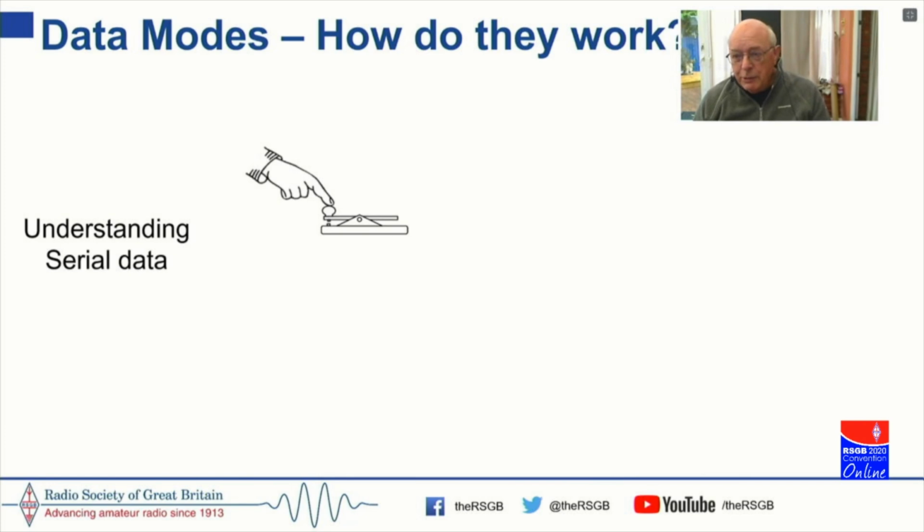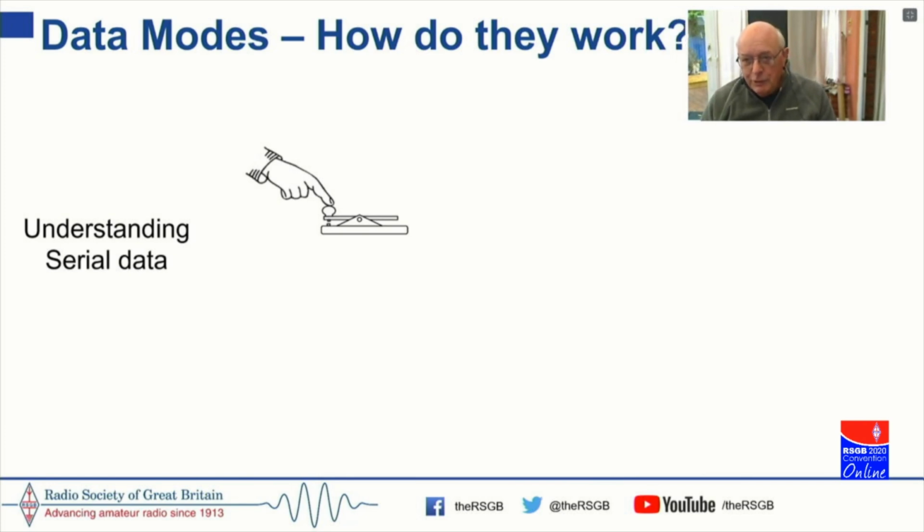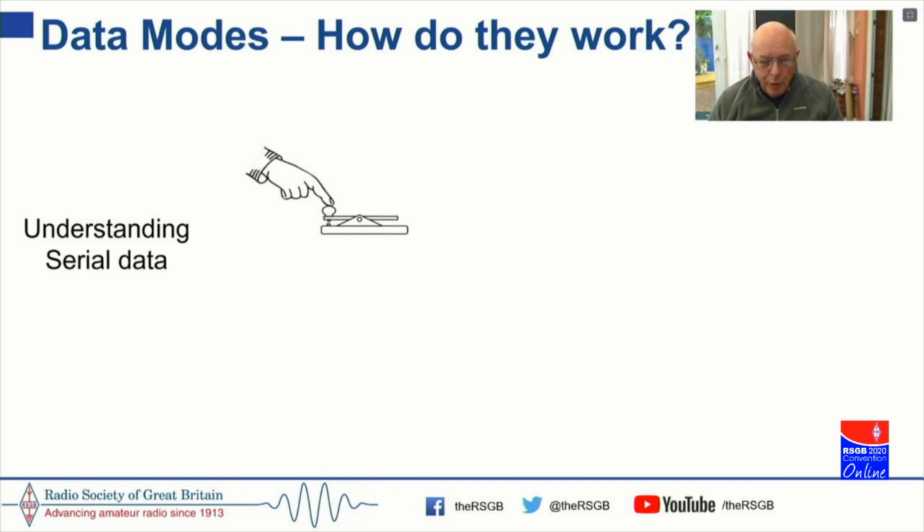The first thing we need to understand about data modes is serial data, because virtually everything that we're talking about here uses serial data. We just need to simply understand what serial data is, and it is very easy to comprehend. The simplest bit of serial data is Morse code.